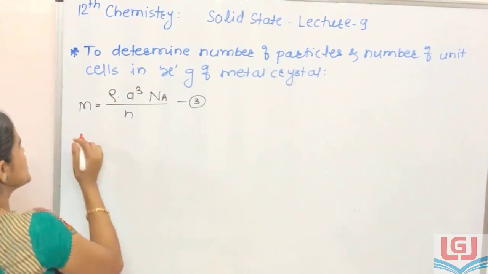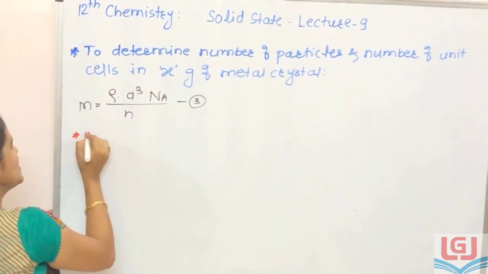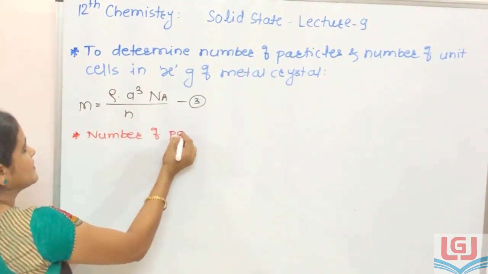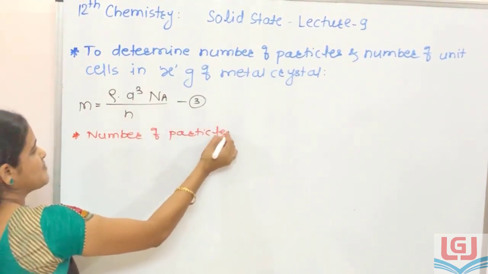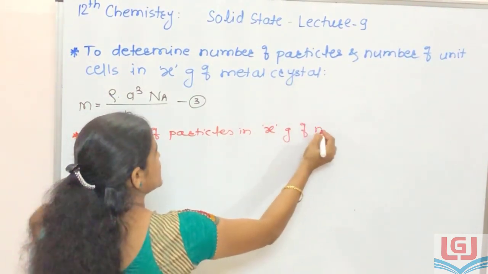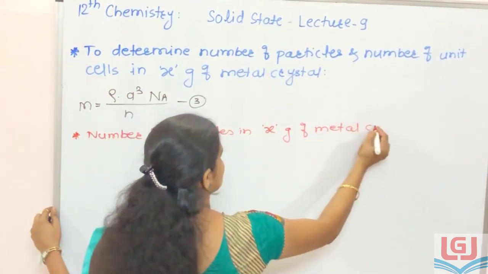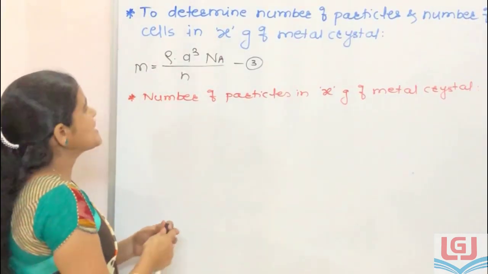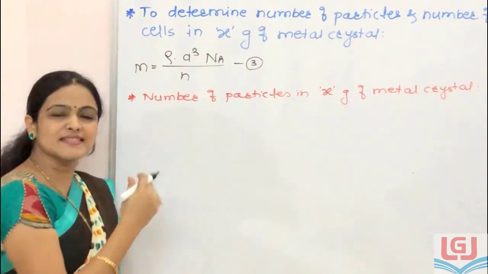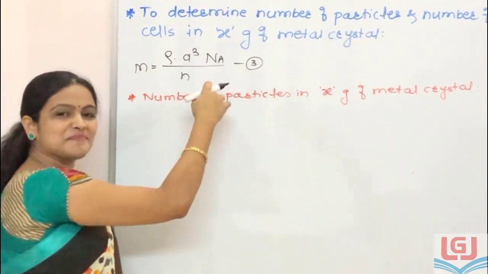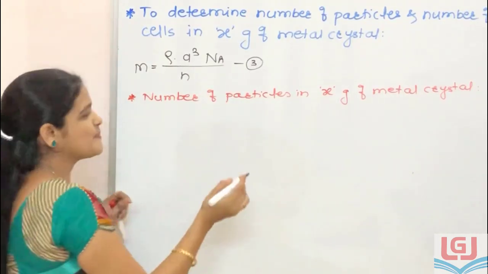From this equation, first we determine number of particles in x gram of metal crystal. We know that molar mass M corresponds to Na particles, that means Avogadro's number of particles.